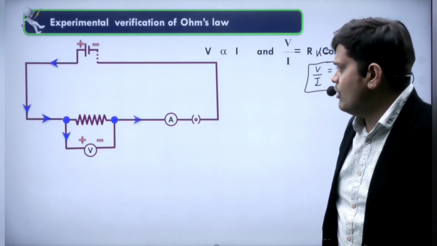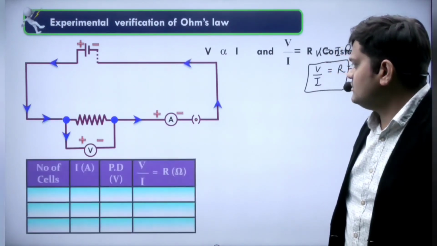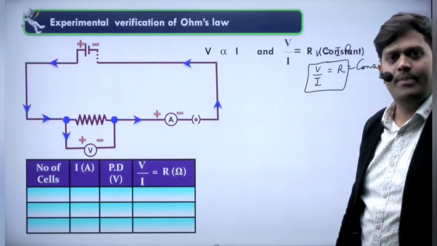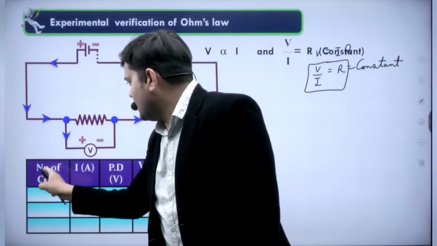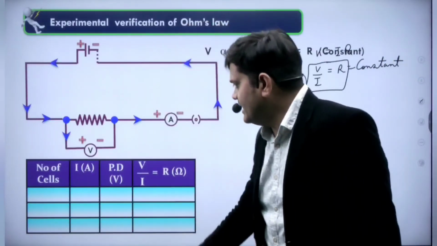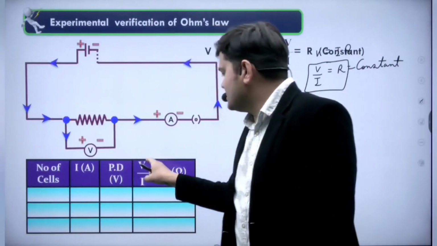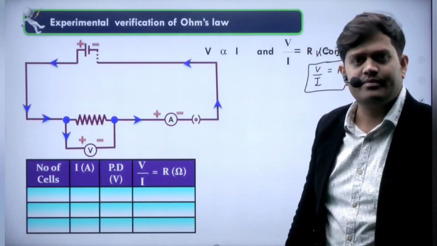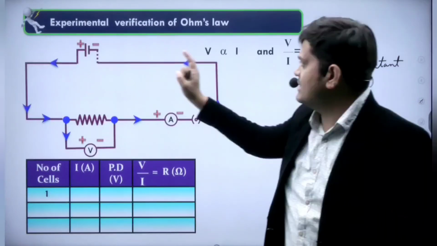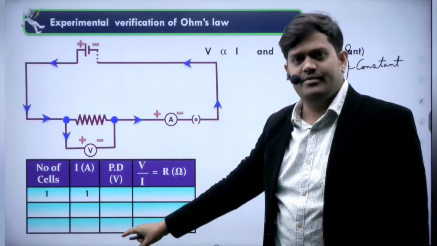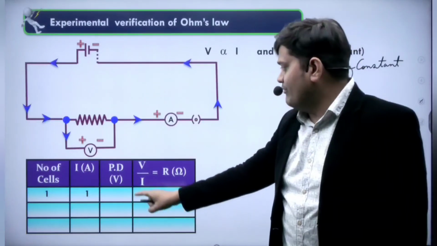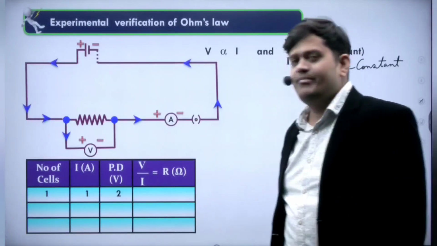Now we have a table, and according to this table, in this row we have the number of cells, here the current, the potential difference, and the ratio of V upon I. First we have one cell and the current is 1 ampere, where the potential difference is 2 volt.